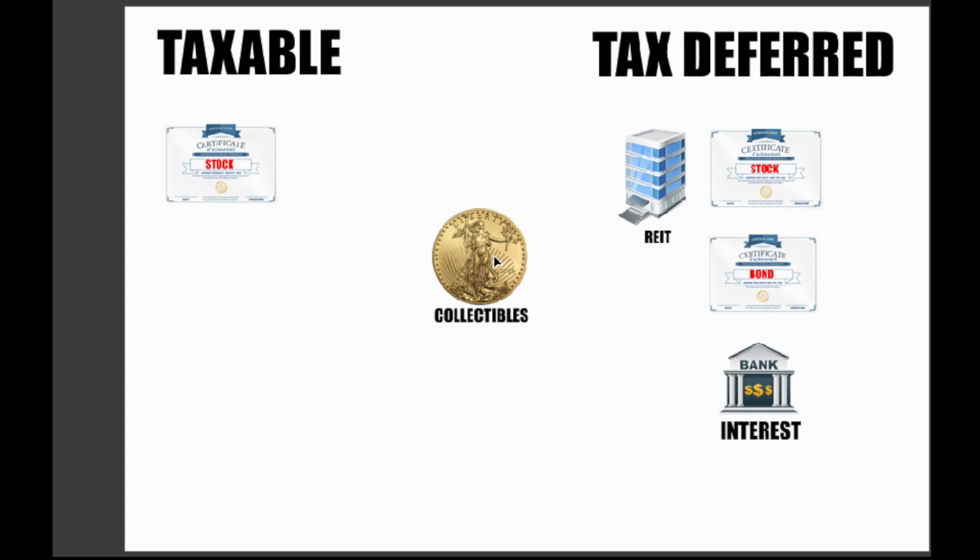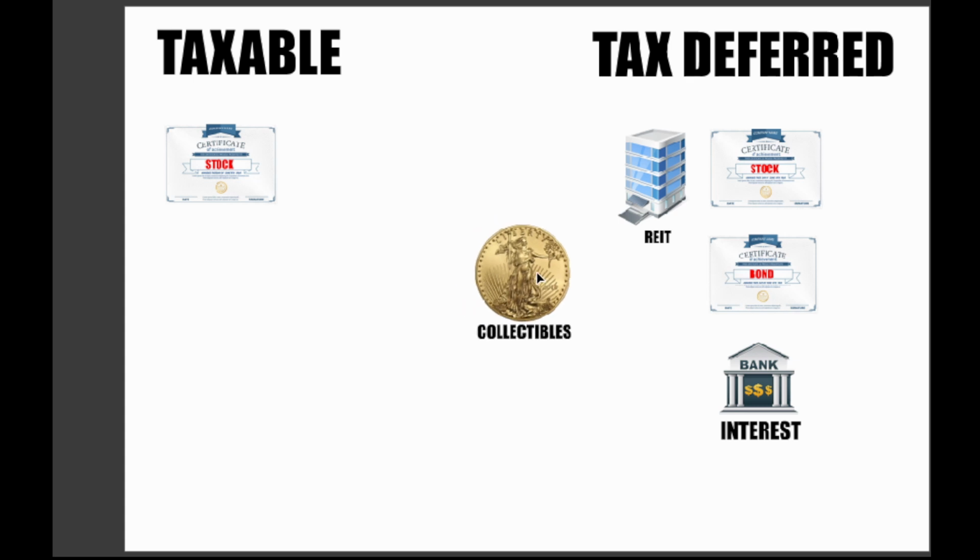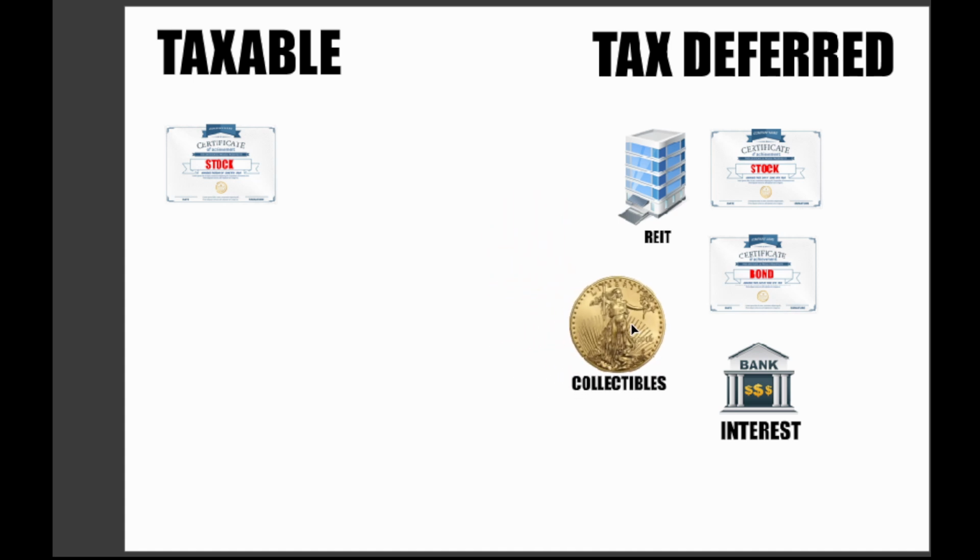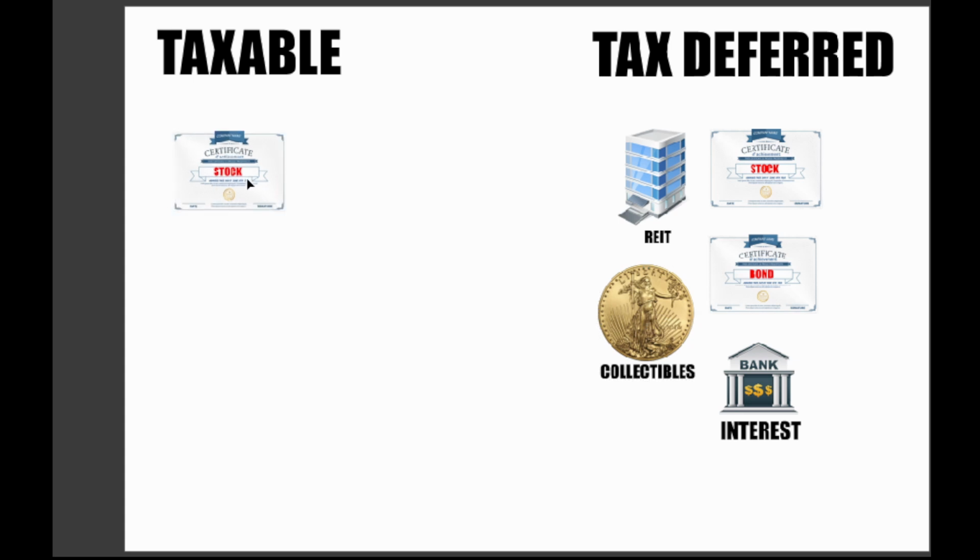And even if you own them through like the GLD ETF or the SLV ETF, those are still considered collectibles, and they get taxed at a rate of 28% no matter what your income is. So you most definitely, if you're going to buy GLD or SLV or something like that, do that in your tax deferred account.